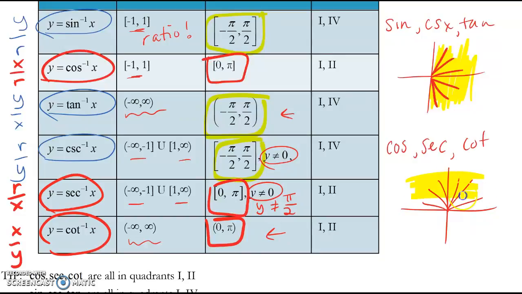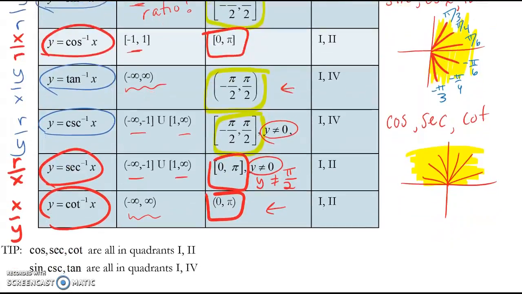So everything in this region up here, okay? And the biggest thing that we need to remember is that for the sine, cosecant, and tangent graph, these angles down here in the negatives are negative pi 6, negative pi fourths, and negative pi thirds. You're not allowed to give those like 7 pi fourths and so forth answers. Those aren't allowed.